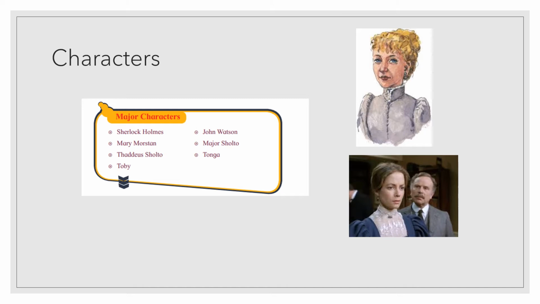We also discussed Major Sholto, who was the friend of the missing Major Maudsley. Major Sholto had two sons, Thaddeus Sholto and Bartholomew Sholto. Tonga is a pygmy. You will know about him as I read the outline of the story. And Toby is the dog who helps Sherlock Holmes in solving his mysterious cases.